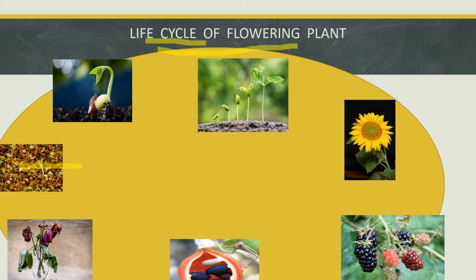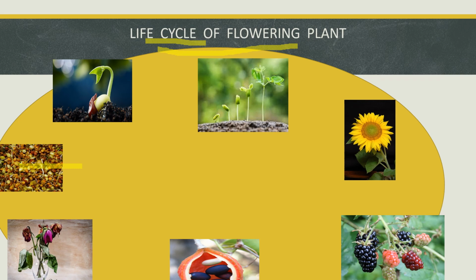What are the steps in the life cycle of a flowering plant? The first step is the plant produces the seeds. The seeds germinate. That is the next step. The germinated seeds start growing. Then after being fully grown, it produces flowers.